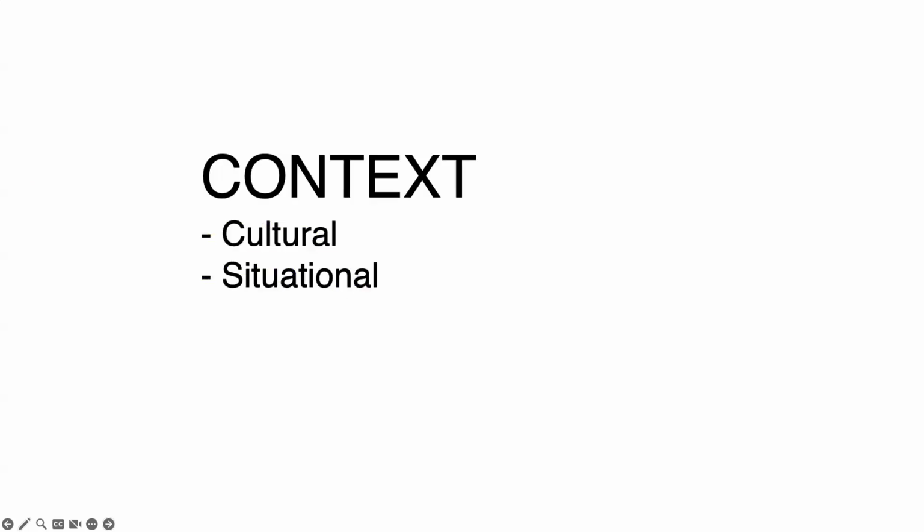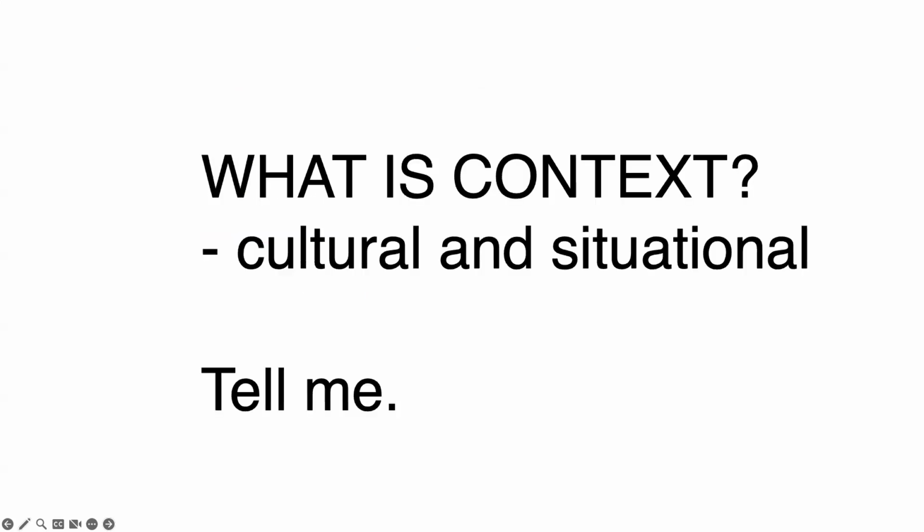So now let's move to context, right? You've got cultural context and you've got situational context. Ask about both of them individually, right? Cultural very much relates to the parameters of society that allow us to fit into our norms.